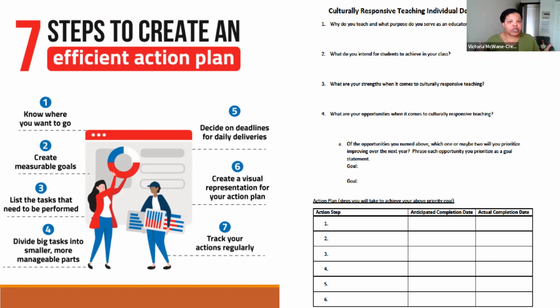Know where you want to go, know where you are, create some measurable goals that you want to achieve. Know that you might need to break this huge goal into some measurable or achievable steps. Decide on deadlines for when you will achieve these goals, and then mark and track your development.